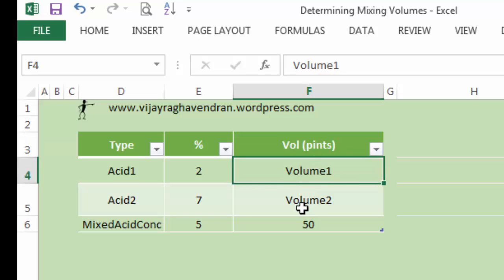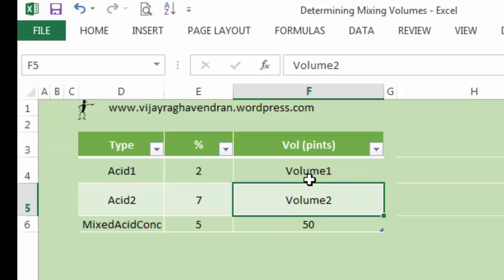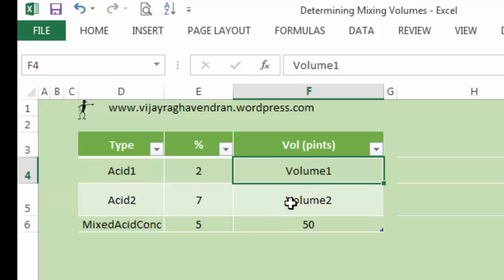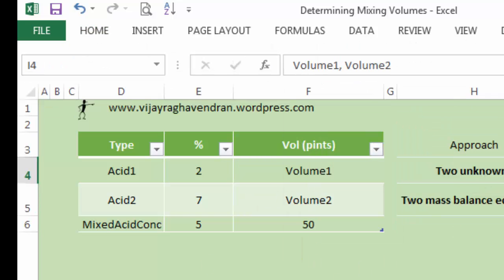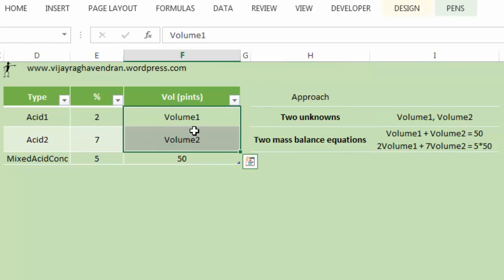I've also got volume 1 and volume 2, which is where you would put in the volumes if you need to find the mixed volume, or volume 1 given volume 2. So we've got two unknowns, the volumes of acid 1 and acid 2, and we can write two mass balance equations.